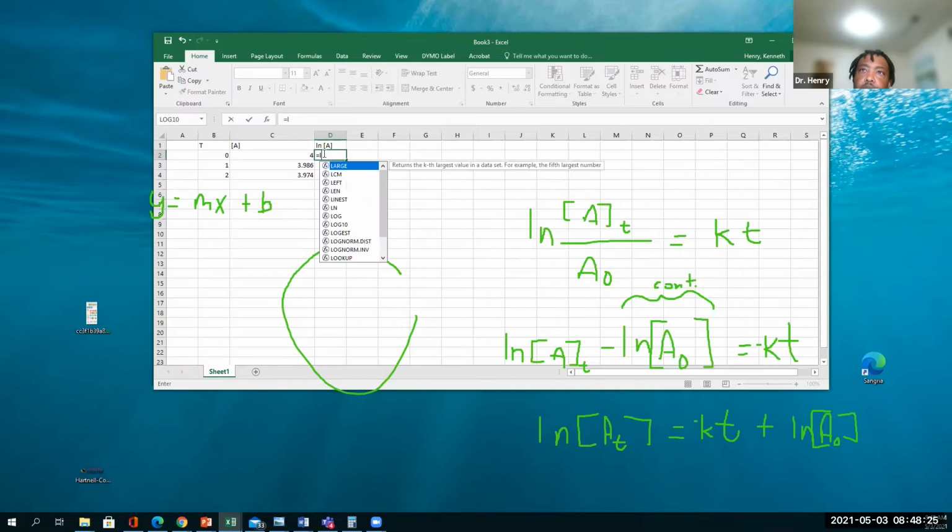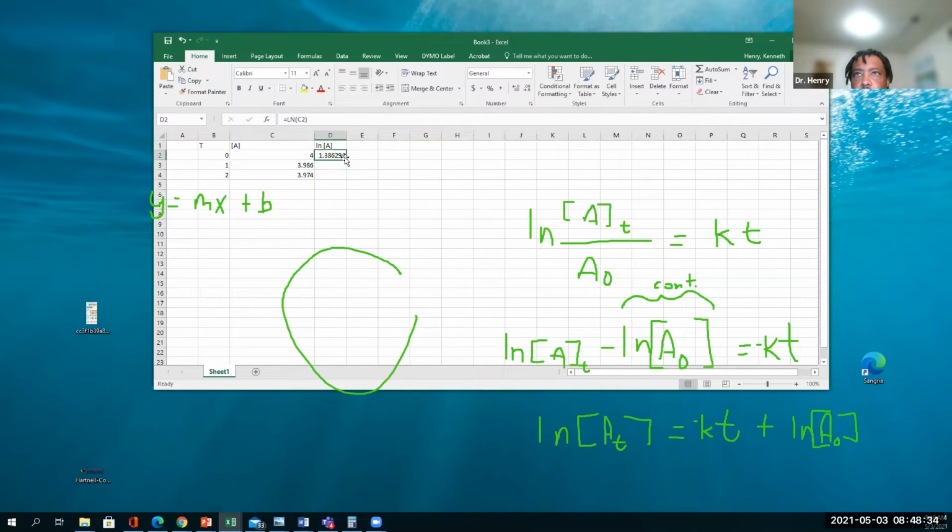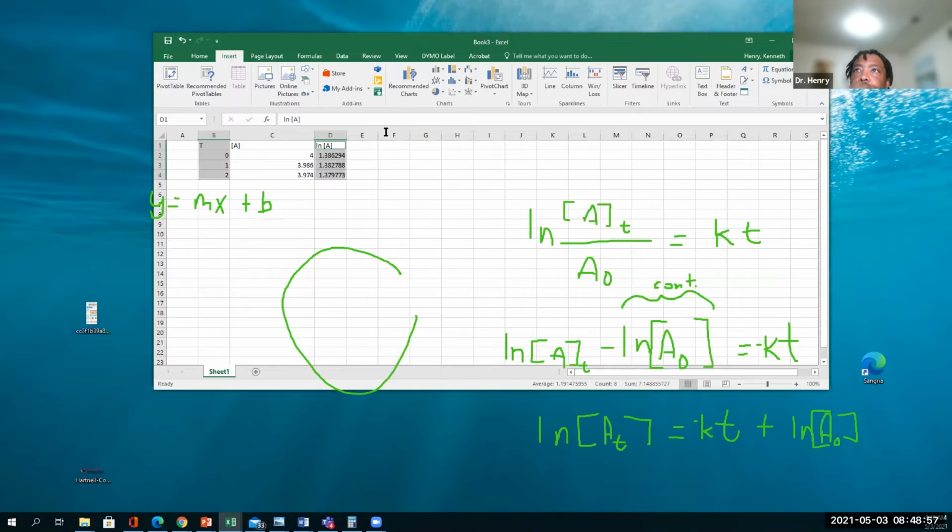So you type in ln, click this, hit return, and then we just drag it down. Then this is going to be our y values, and these are going to be our x values. So I'm going to plot this and this. Then I'm going to go insert, scatter.